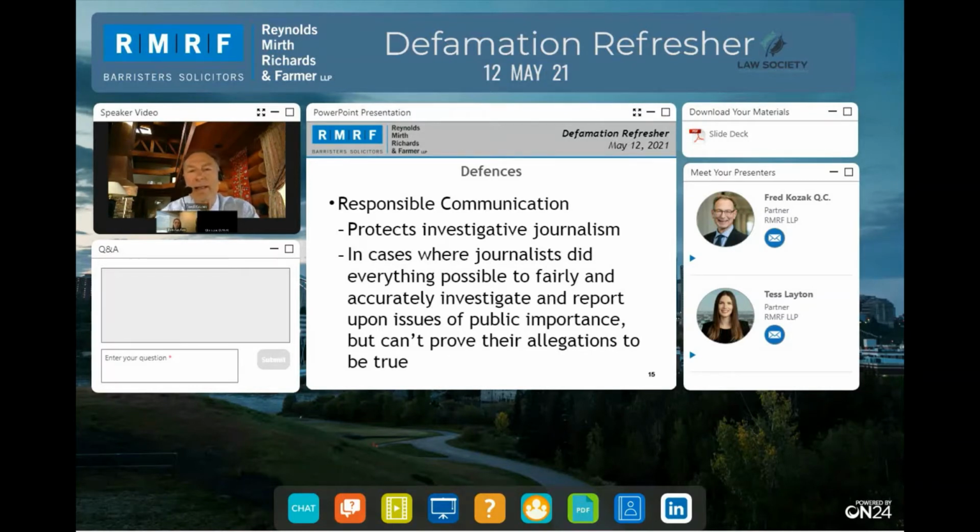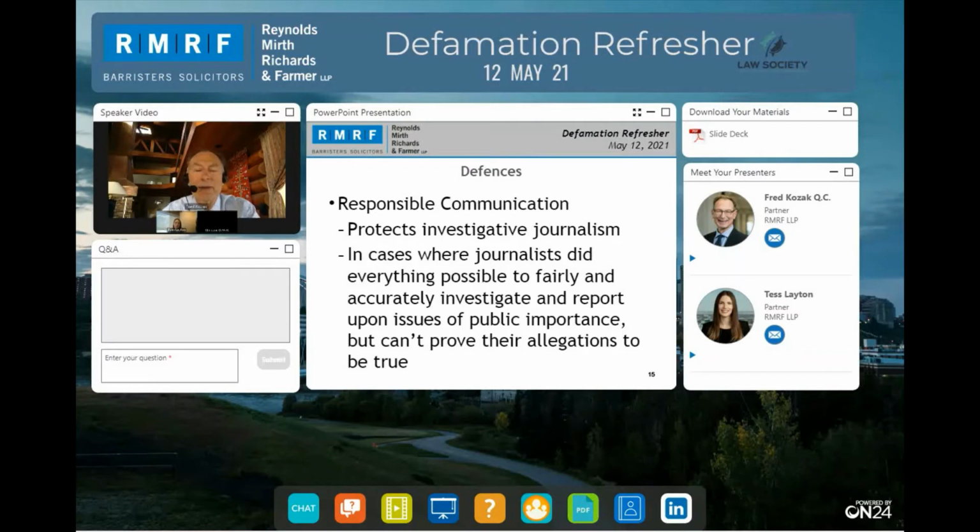As long as a reporter can prove that they were responsible and, I would say, not negligent in gathering those facts, the responsible journalism defense can prevail.